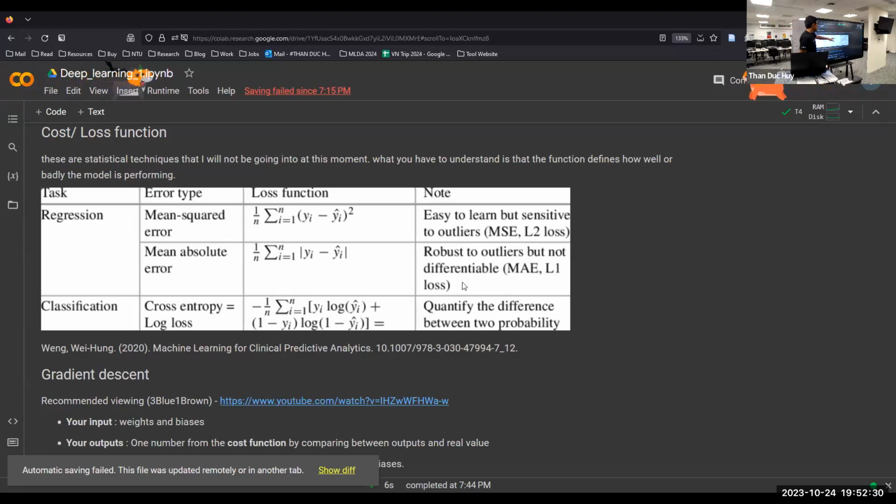Mean square error, I think you've already seen this for variance and all that. It essentially compares the number to the mean. And then this is the cross entropy loss. Basically you have 1 minus yi, and you use log to measure the loss, and then you get the average of that.